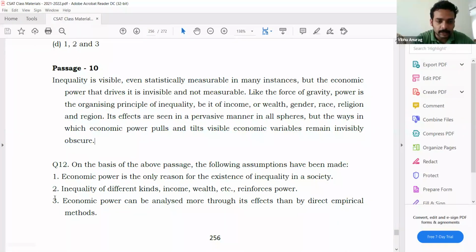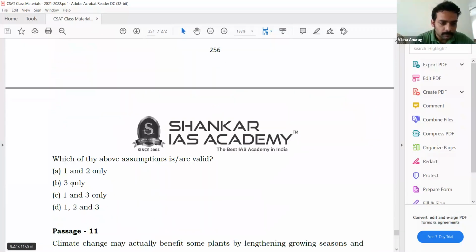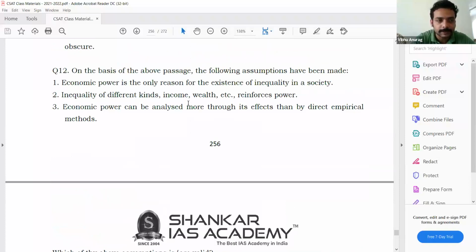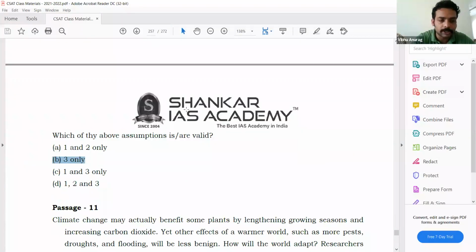So, yes, you can analyze it through its effects because you can't really observe it. So, only the third one is a valid assumption. The answer is B, 3 only. Hope it's clear. Answer is B, 3 only. Got the same? Any doubts with this? Any doubts with question 12?